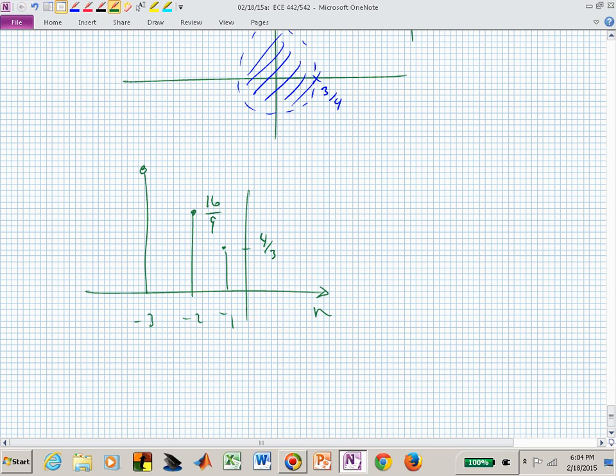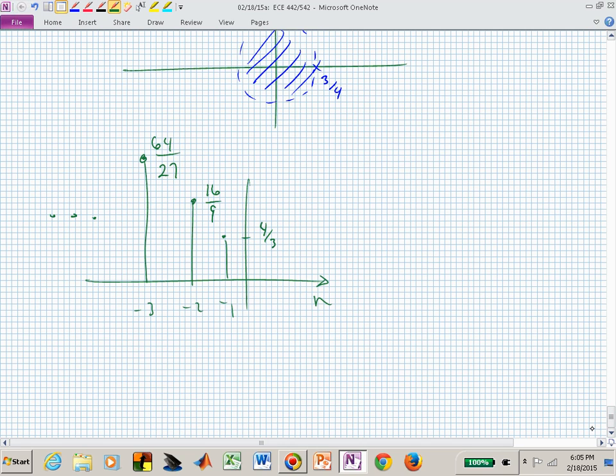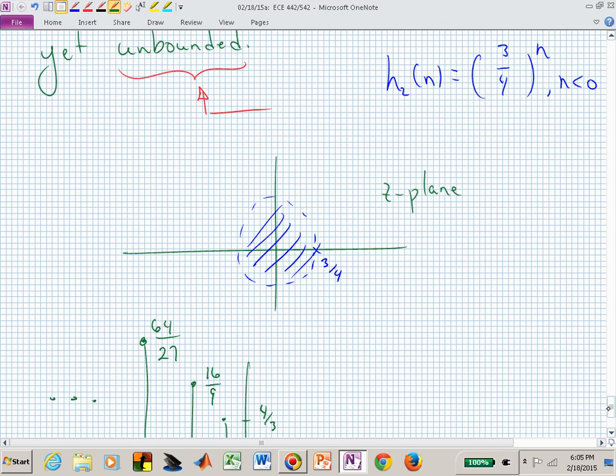Now 16 times 4 and 9 times 3, so it's going unbounded as n goes to smaller and smaller values. That's what it looks like in the time domain. This is what it looks like in the z-plane picture diagram.